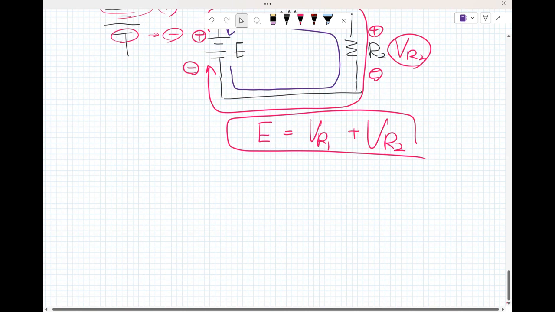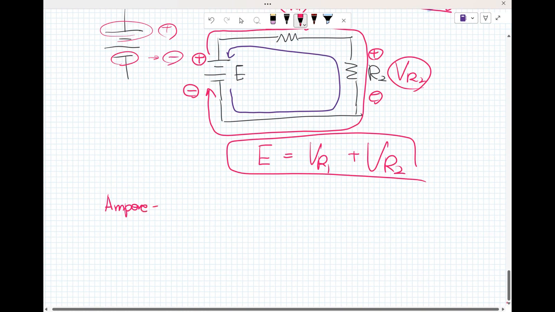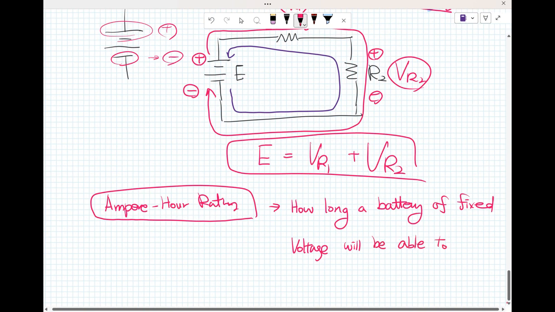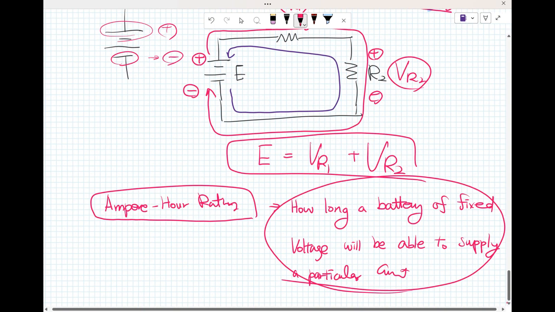Here we're going to learn about the ampere-hour rating. It indicates how long a battery of fixed voltage will be able to supply a particular current.